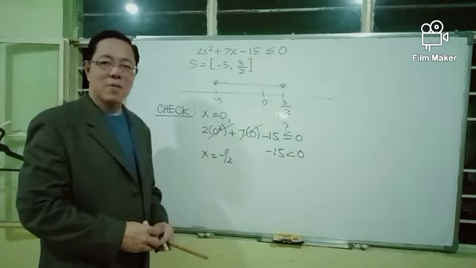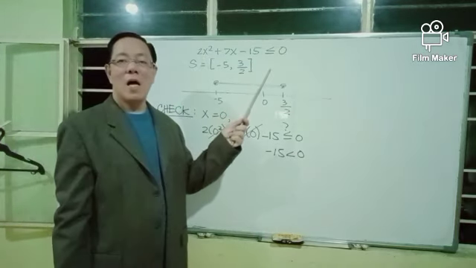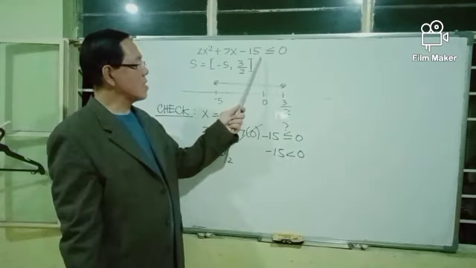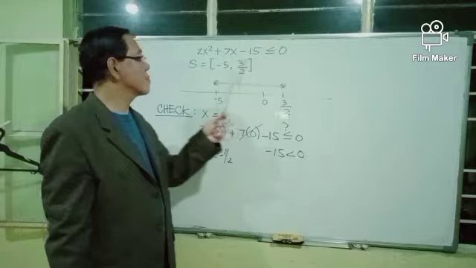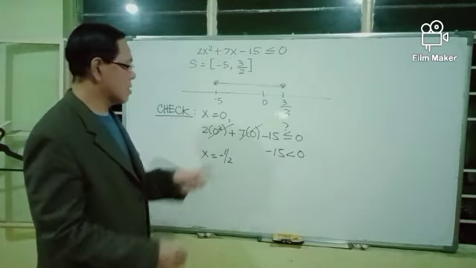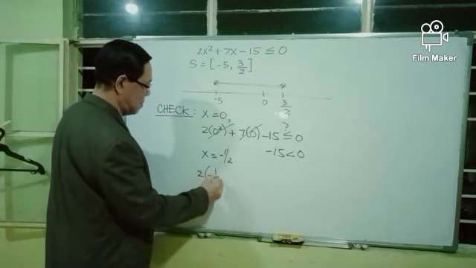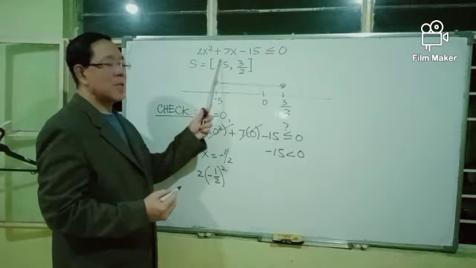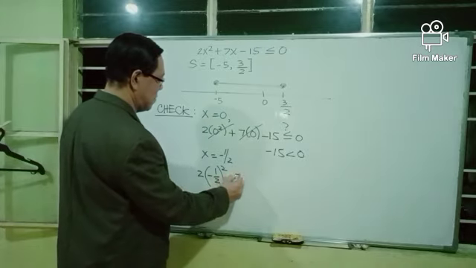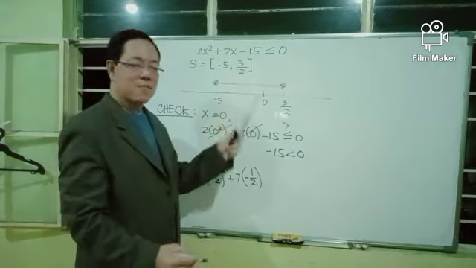If x is -1/2, you substitute that value of x in this quadratic expression and simplify, and then you check if the real number you would get is less than or equal to 0. We have 2 times (-1/2) squared plus 7 times (-1/2) minus 15.